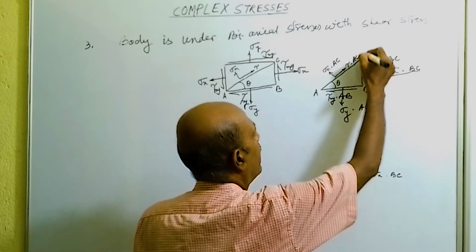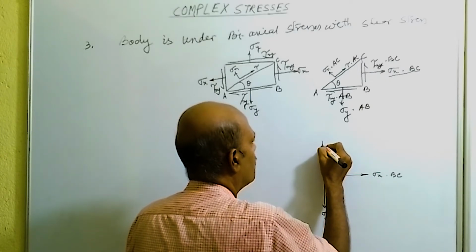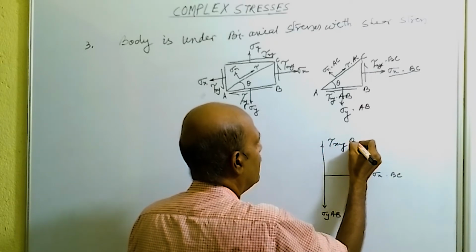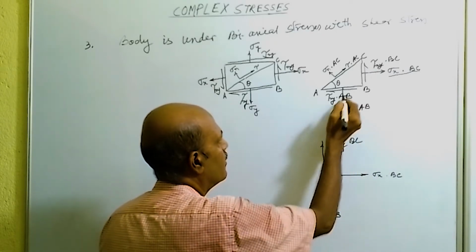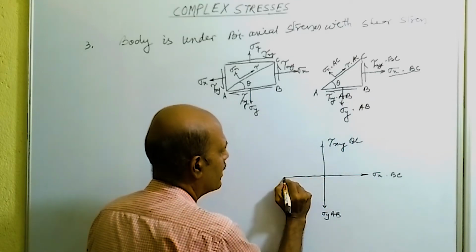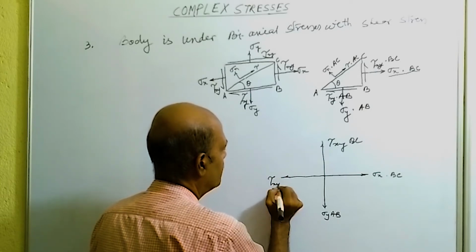Now along y direction also this force acting, that is tau xy into BC, that is along upward direction, and along x direction towards left the force acting is tau xy into AB.